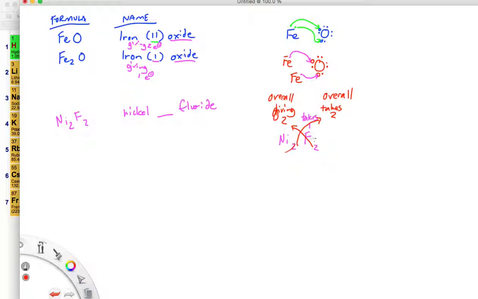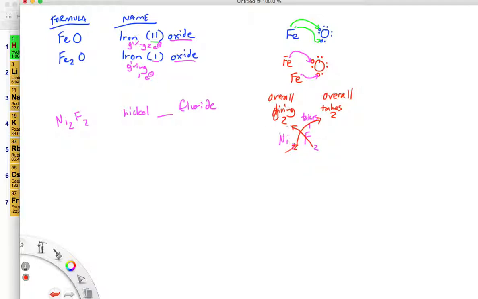But we know that fluorine normally only takes one electron. And here, if overall you're giving two, and there are two nickel atoms here, that must mean that each of the nickels is giving one electron.